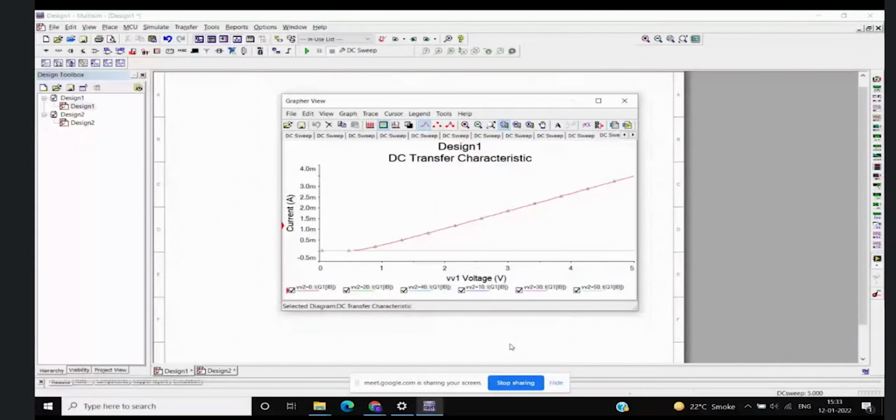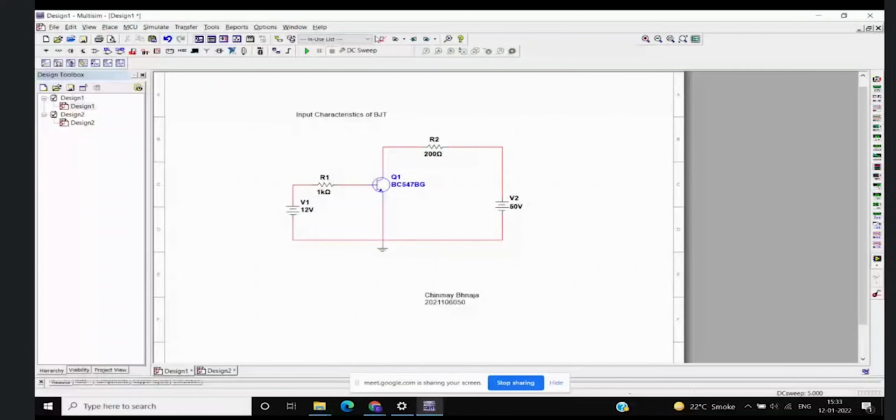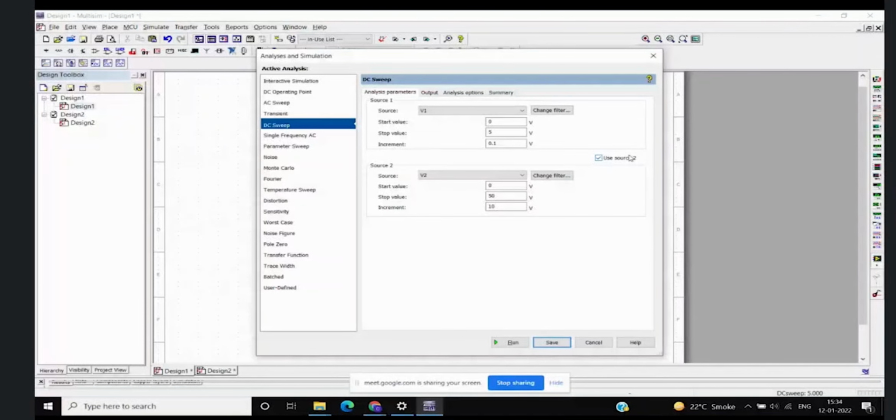Why? Show me the DC sweep values you have taken. Okay, go to the output level.